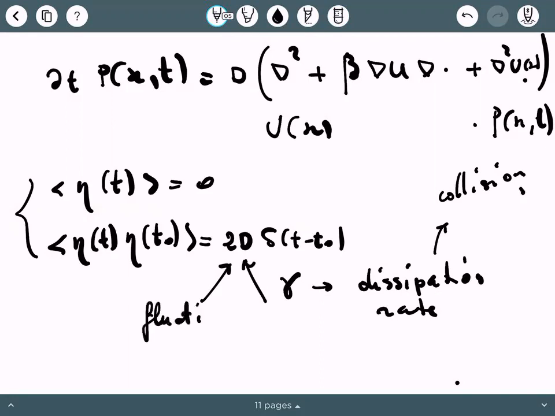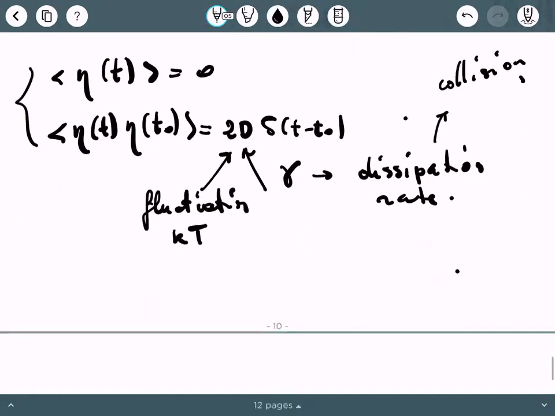Who tells me what the other physical parameter is? What is the other physical parameter in my calculation that is not there in the Hamiltonian formulation, that enters after I do my averages, and has to do with fluctuation? It's the usual suspect, so it shouldn't be hard to guess. Temperature, kT.